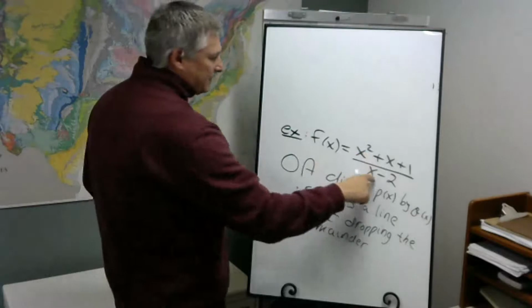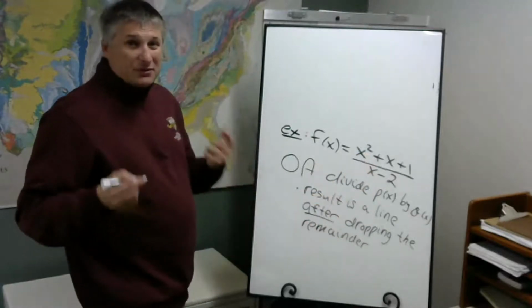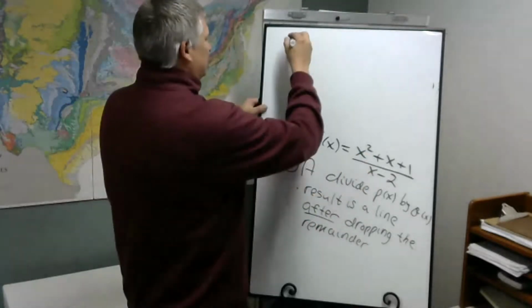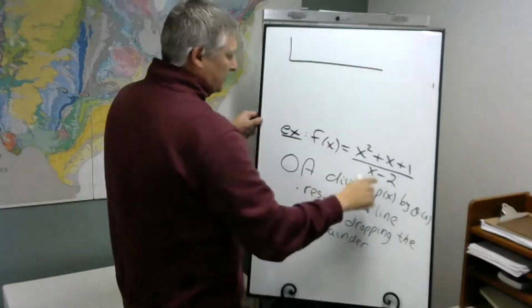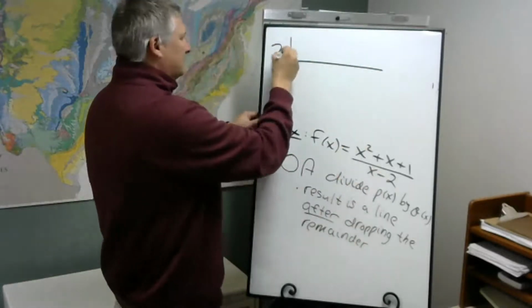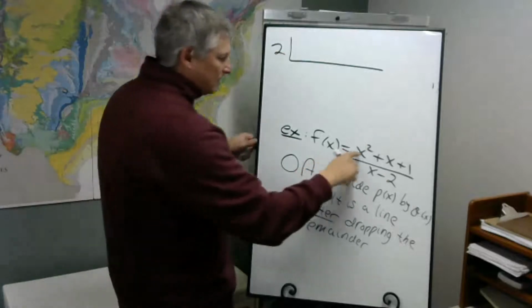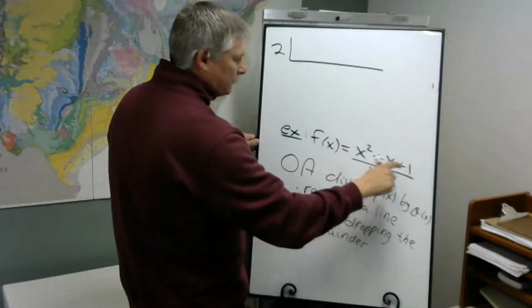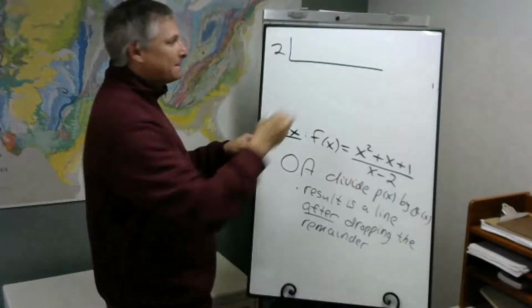Well, we can divide this by this, and let's use synthetic division just because it's really fast. So we have a subtract 2, we get a plus 2. Coefficient 1, constant term 1.